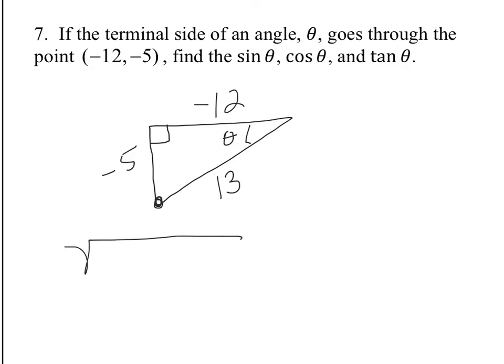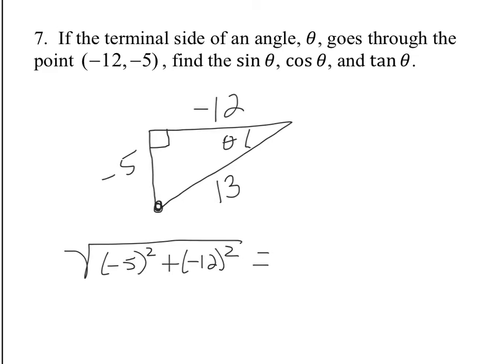In this case, we would take our -5 and square it, add it to our -12 squared, and then take the square root. So a squared plus b squared, take the square root. So notice how I put parentheses around my negative numbers. You must put parentheses around the negative numbers before you square them. And notice how the square is outside the parenthesis.